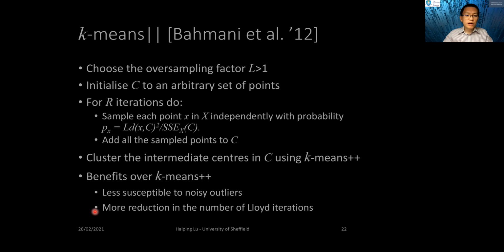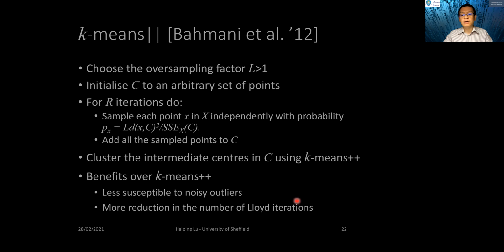And it has also been shown to give a bigger reduction in the number of Lloyd iterations. What it means is that it will converge faster than k-means plus plus. K-means plus plus has earlier been shown to converge faster than random initialization, and k-means parallel will further speed up the convergence.